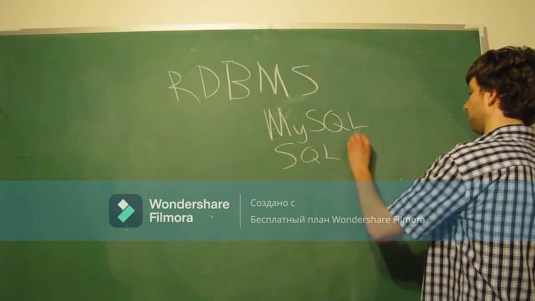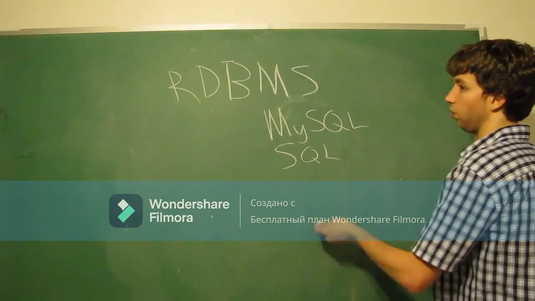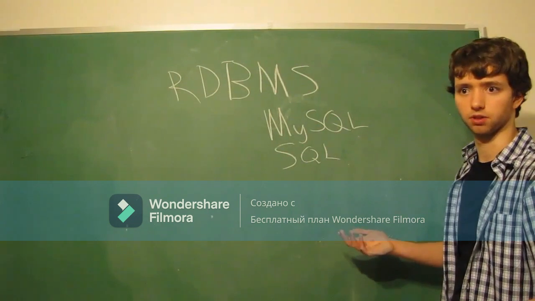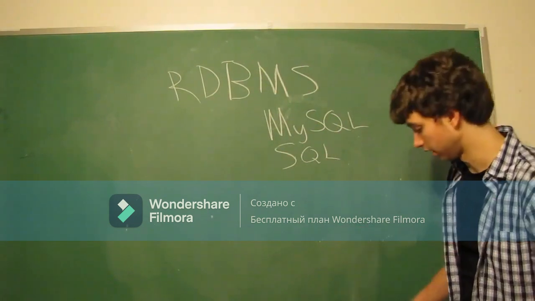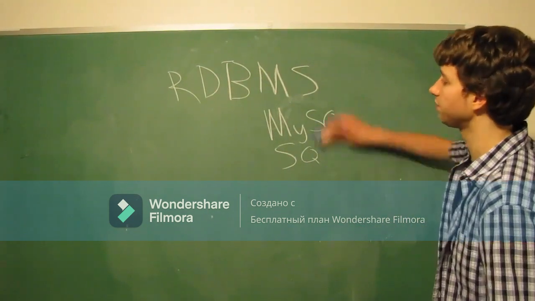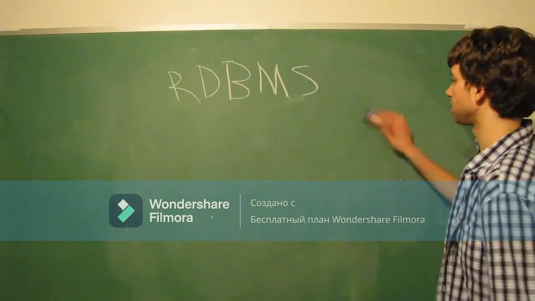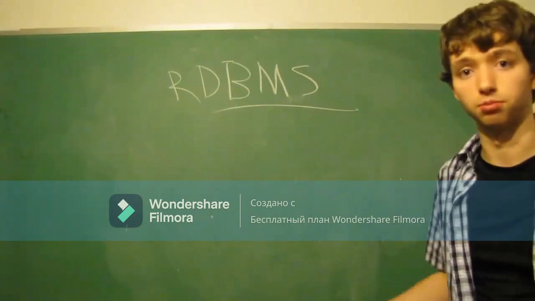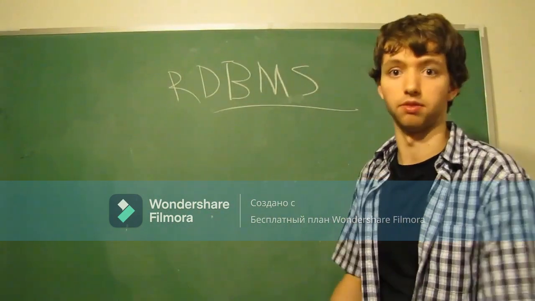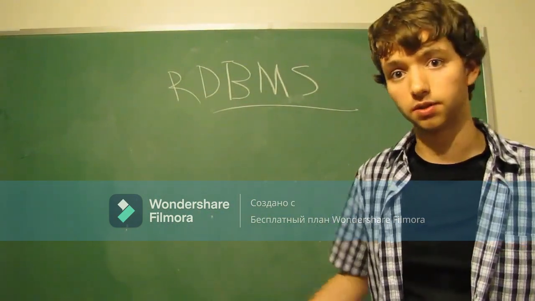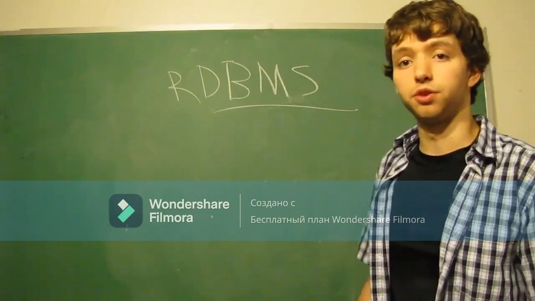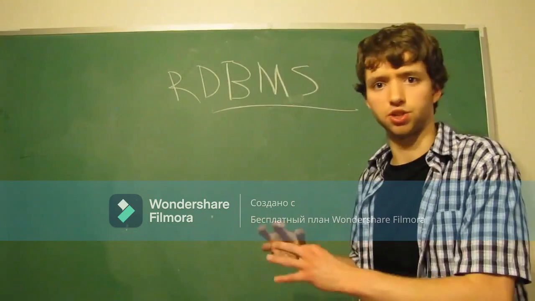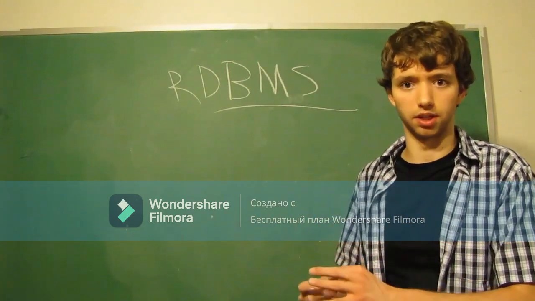So you have Microsoft Server. We have Oracle database. We have, I don't even know how to pronounce it, PostgreSQL or something, and so forth. The list goes on. But basically, all of the big terms that you hear in databasing refer to the relational database management system, or the database management system if it's not a relational database. Don't really think of the database and the relational database as two separate things.